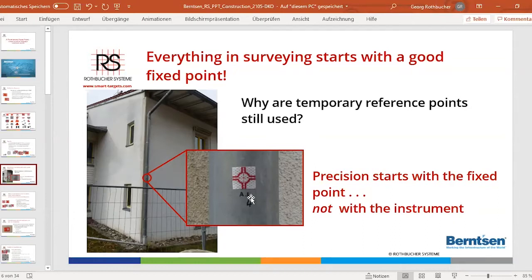Because if something goes wrong, you need a permanent proof that protects you, that you can still show where the original measurement point was, where the finished floor level was, where the heights were, where the axis and the XYZ coordinates were. So with a small amount of money, you can make a permanent fixed point for BIM, and that's what I wanted to show you now.